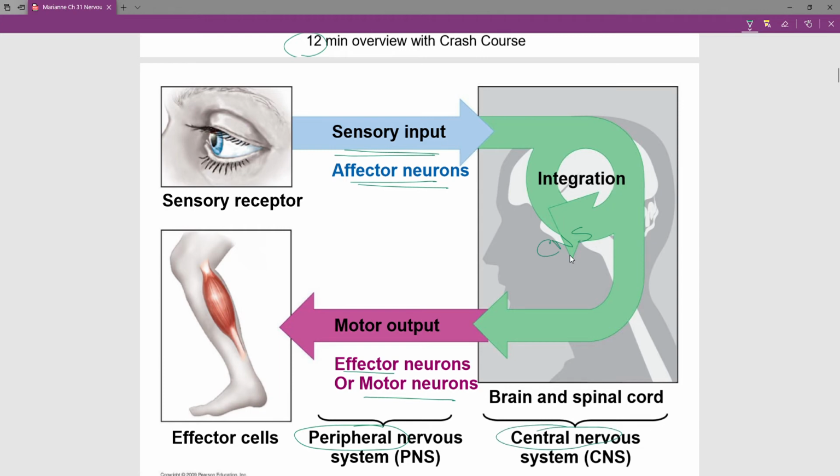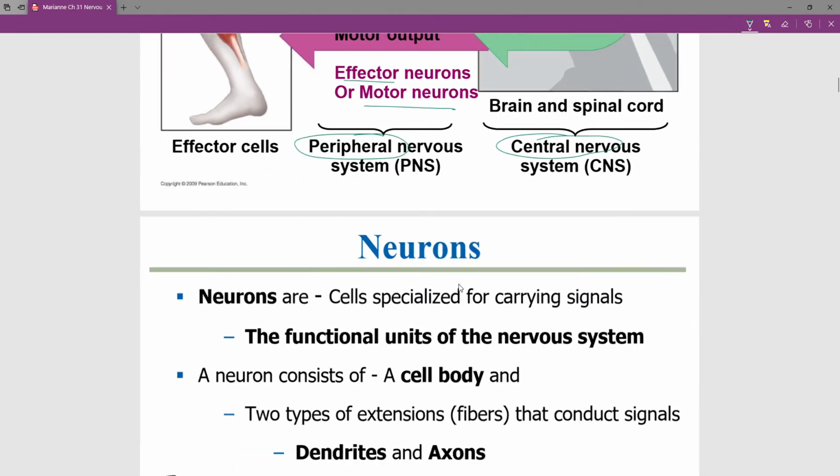If you have something that bypasses the central nervous system, that would be a reflex. So you might have a reflex if someone throws something at you, your eyes will close without you thinking about it. The knee jerk, like a doctor will check your reflexes. That's what we're talking about with those.